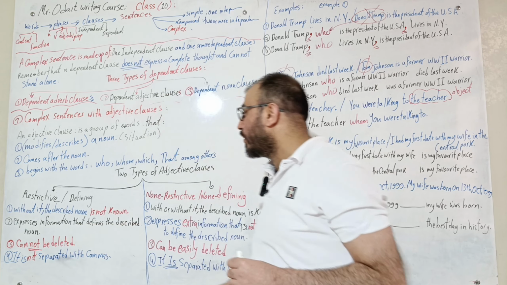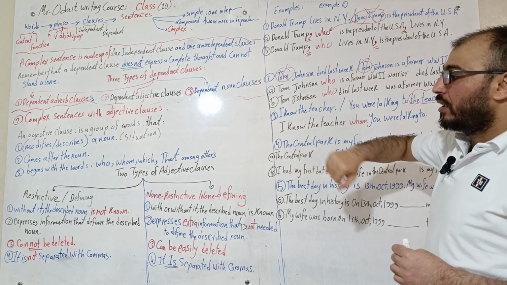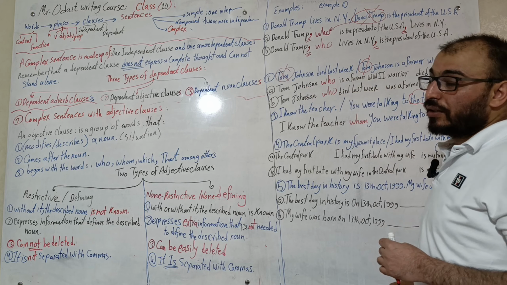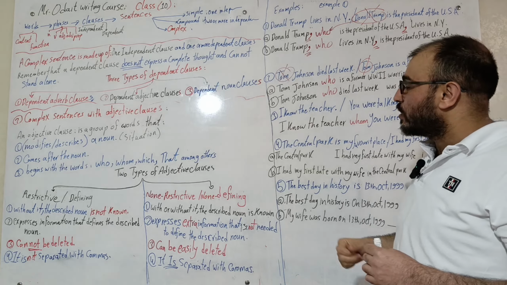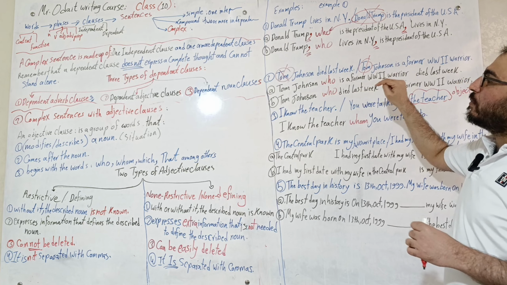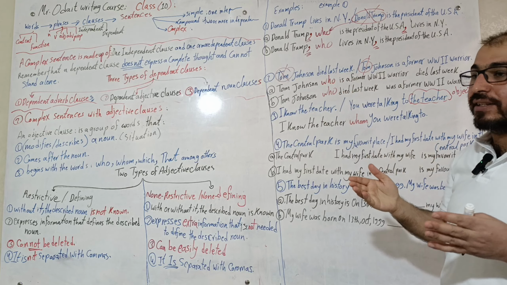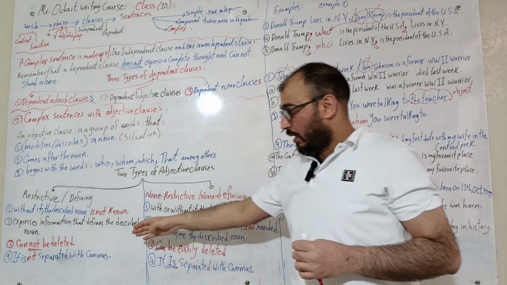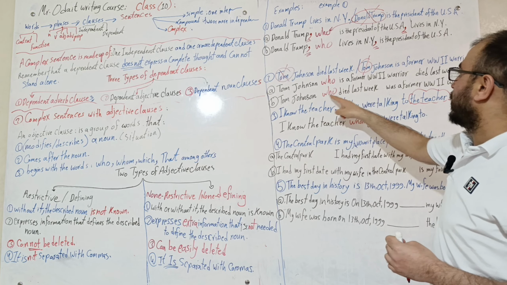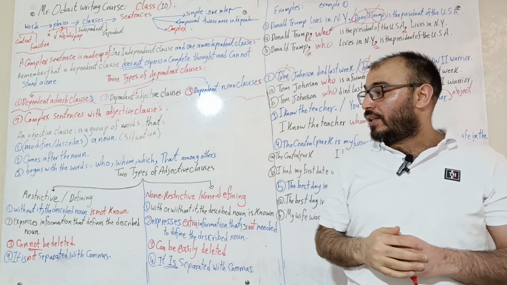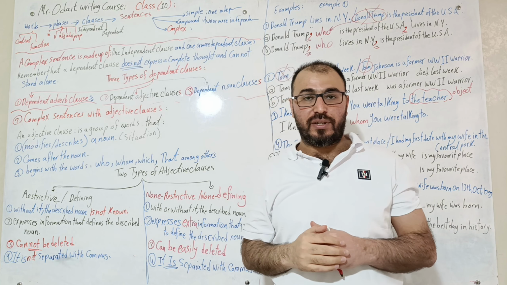Number two, it expresses information that defines the described noun. Again, my friends, if we delete them, we cannot recognize who Tom Johnson is. And those cannot be deleted, because if we delete them, we will not recognize who Tom Johnson is. And here, my friends, we don't separate them with commas because they are restrictive defining clauses.